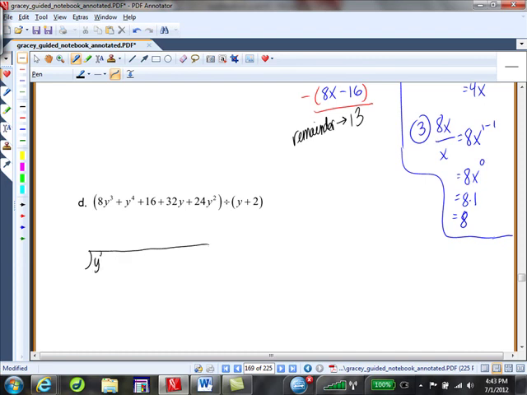So there's y to the fourth plus 8y cubed, and then we have plus 24y squared plus 32y plus 16, and that's being divided by y plus 2.